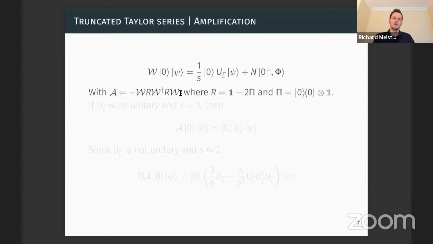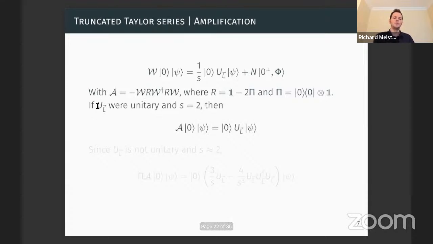So it's very much like amplitude amplification, where we have this operator that we want to amplify, interleaved with these reflections in here. But these reflections, as I said, are only about the ancilla 0, which is very easy to implement.